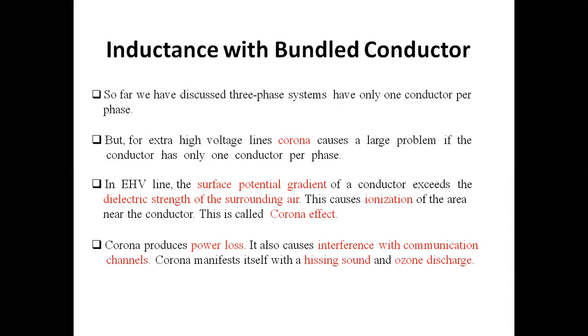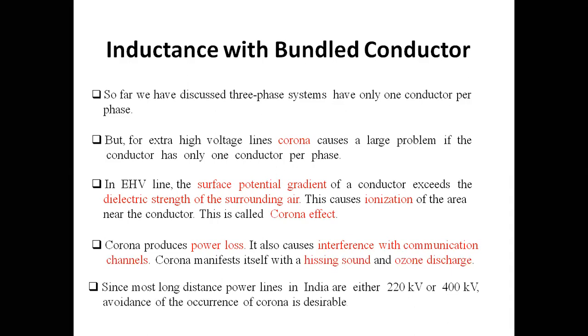This hissing sound and the ozone discharge is called corona effect, and this must be avoided in the transmission line. Since most of the transmission lines in India are 220 kV or 400 kV, corona effect is very possible.